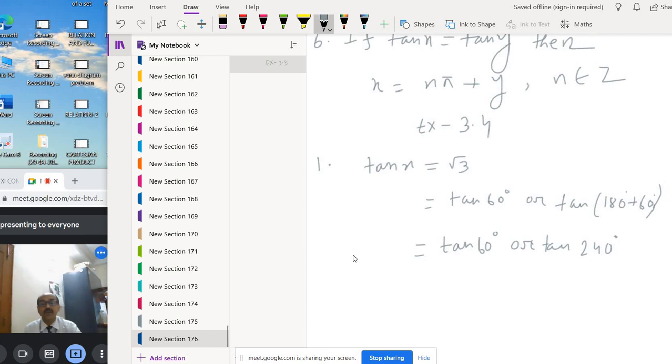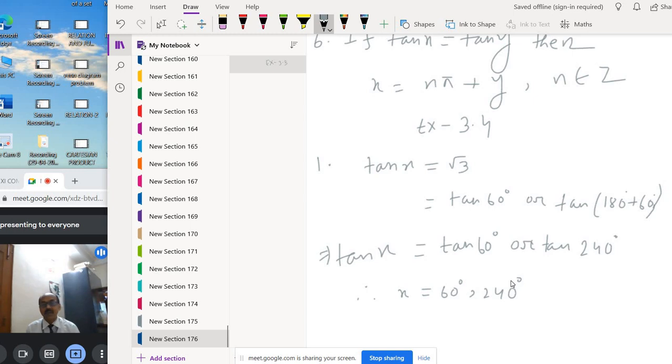So this is tan x equal to, so therefore comparing both sides, x equal to 60 degree and 240 degree. Both are correct answers.